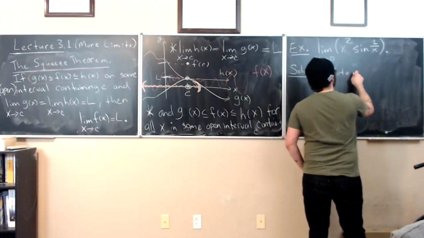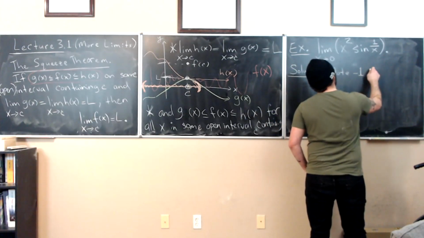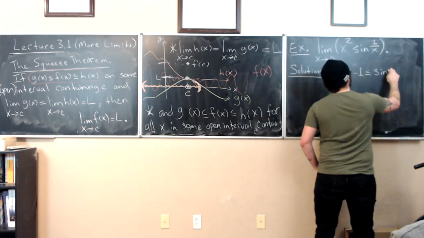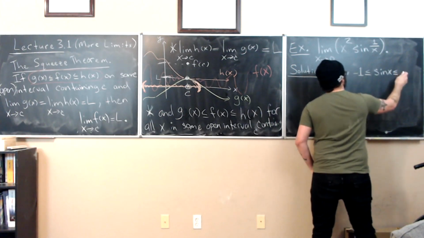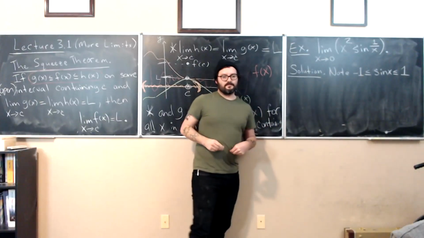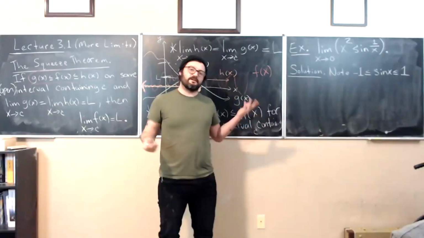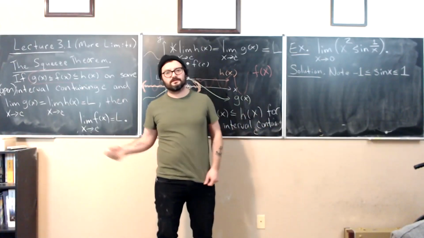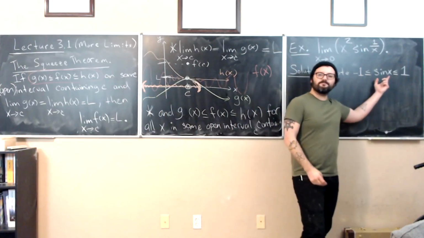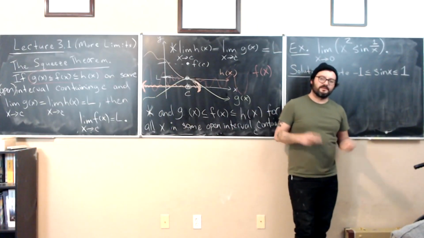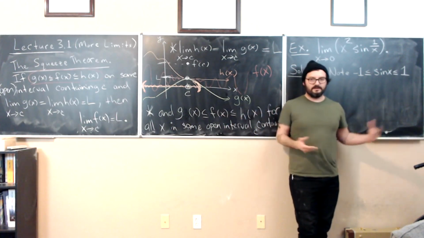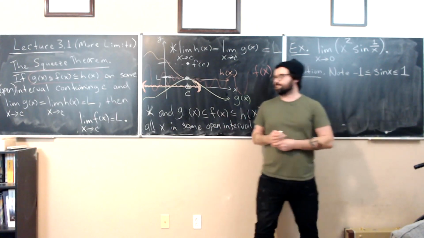So note that -1 is at most sine of x, which is at most +1. Right? That's the range, -1 inclusive to 1 inclusive. So I have some type of estimate on the value of sine of x. I'm not trying to be precise, I'm just saying it's roughly in there, right?